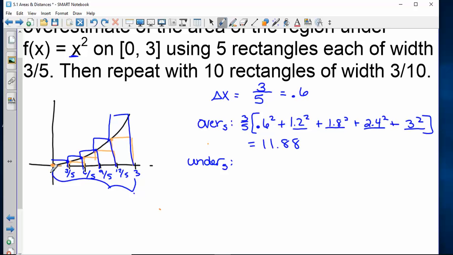So if I do that, we still have the width is 3/5. So it'll be 0 squared, and then you just add your 0.6 each time. So 0.6 squared, 1.2 squared, 1.8 squared, 2.4 squared. 5 total pieces because we're adding up 5 rectangles.